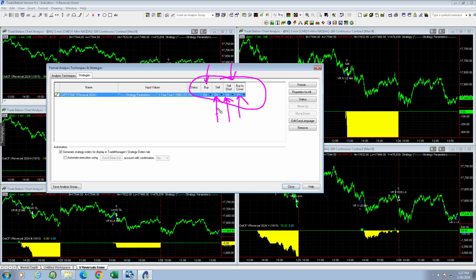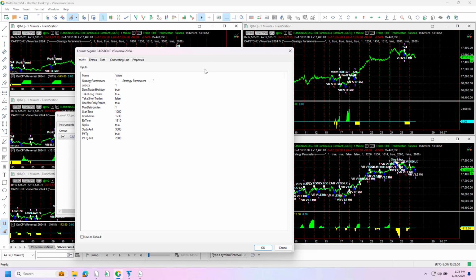In Multicharts, we have these as inputs. The inputs that are not shown here are take long trades and take short trades. Those inputs are not in Tradestation because you can do that right here. That is the only difference between Tradestation and Multicharts for long and short trade settings. So in Multicharts, these type of things would have to be programmed in.